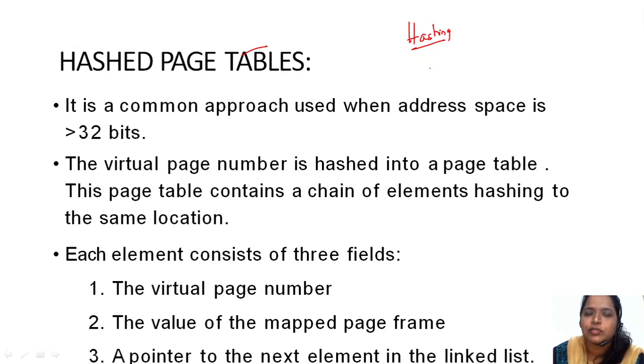Suppose we have n slots. Then the key is mapped to the n slots. We generate a hash key, and that key is mapped to the n slots. So the hash function is h of k equals k mod n.